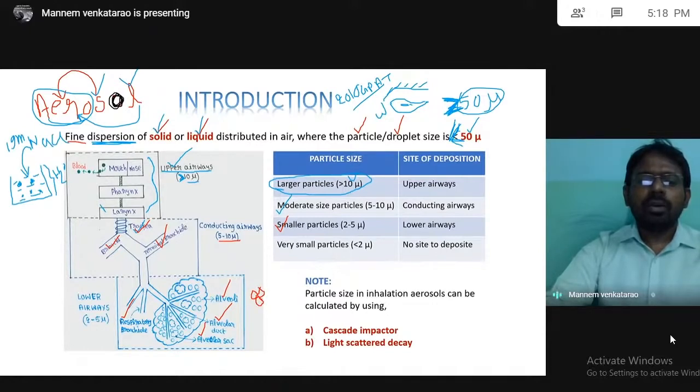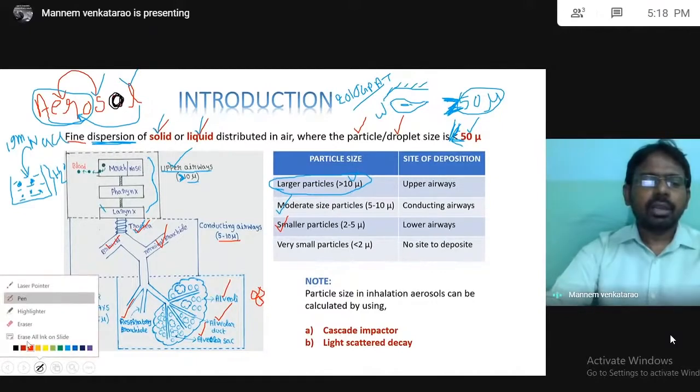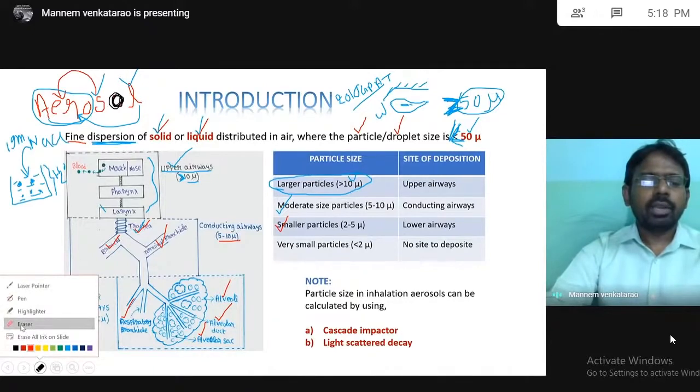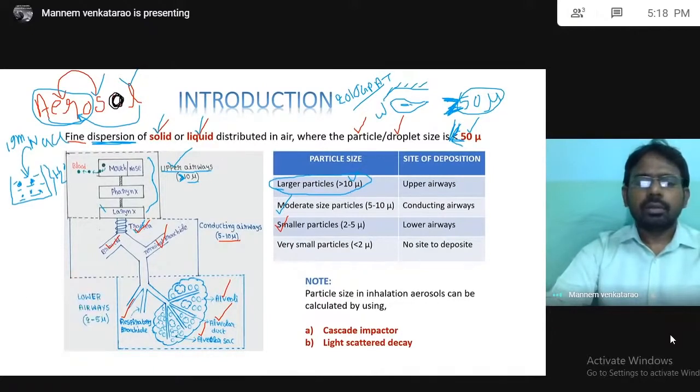When two or more alveoli share a common opening, one, two, three, this is the common opening. When two or more alveoli share a common opening, it is known as an alveolar sac, from which an alveoli can be generated.